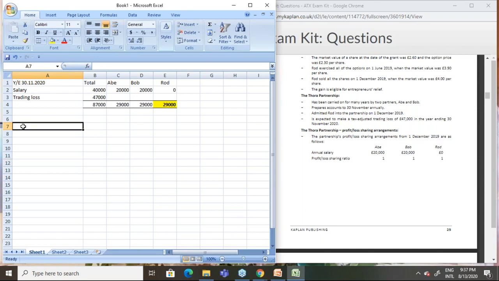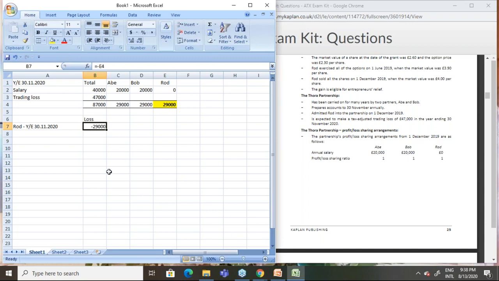Rod has a trading loss for the year ended 30th November 2020 of £29,000.